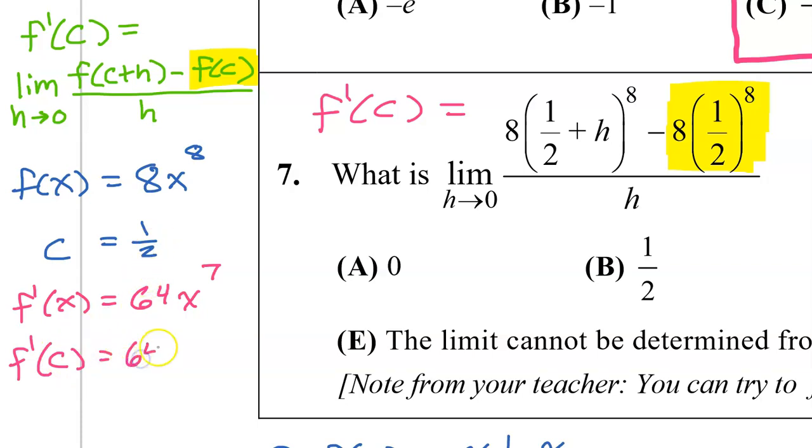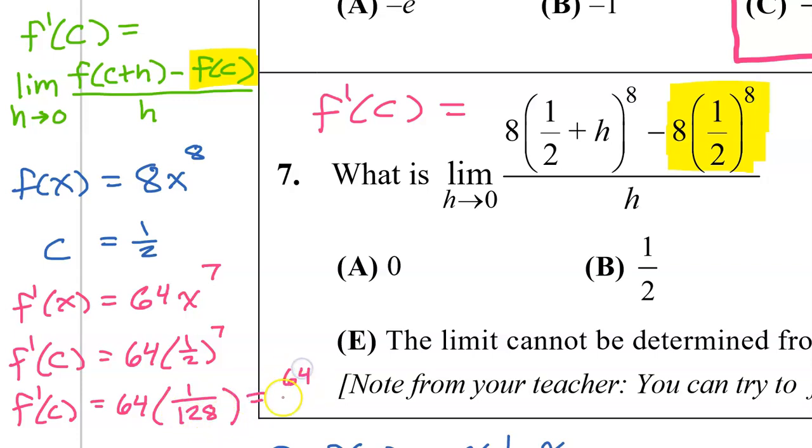So this would be 64 times 1/2 to the 7th power. 1/2 to the 7th power is 1 over 128. And then this is just 64 over 128, which is 1/2. So the answer is B.